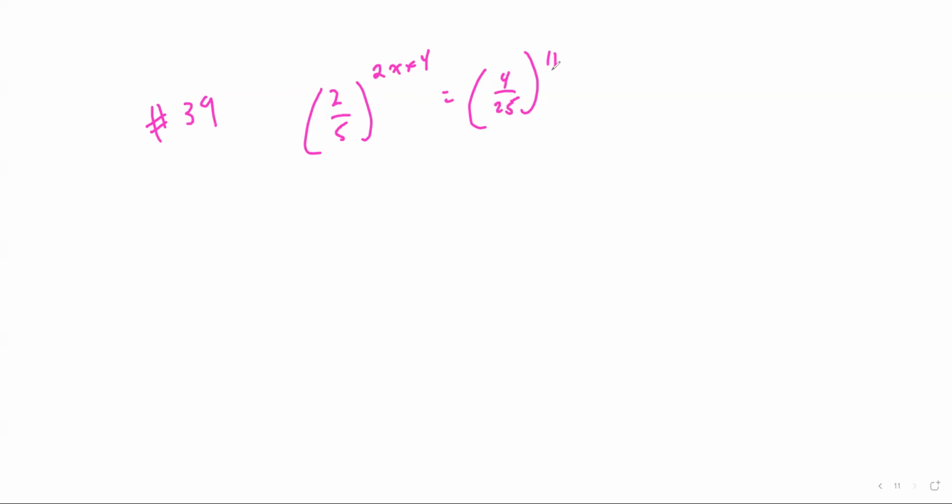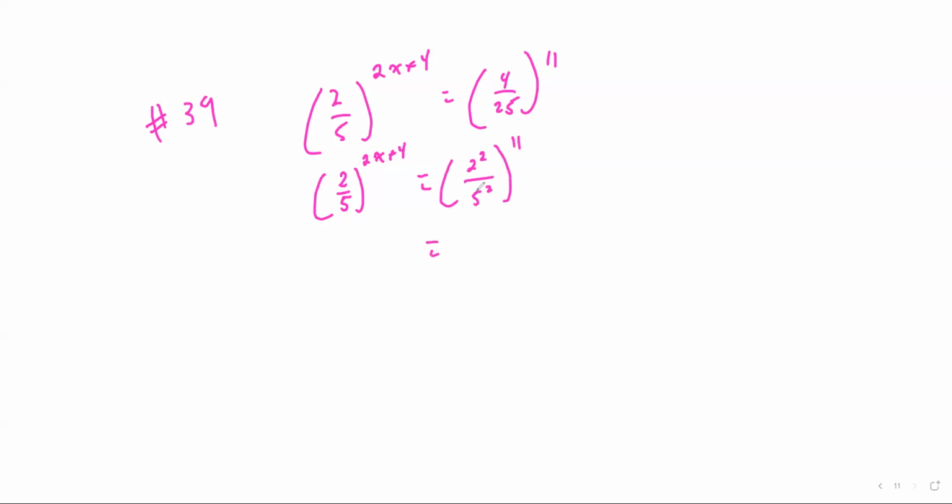Never be afraid of fractions. You're going to see them your entire career. 2 and 5 are both prime numbers, so I know I can't go any further with this fraction. But when I look at 4 and 25, I can go, well, 4 is the same thing as 2 squared, and 25 is the same thing as 5 squared.